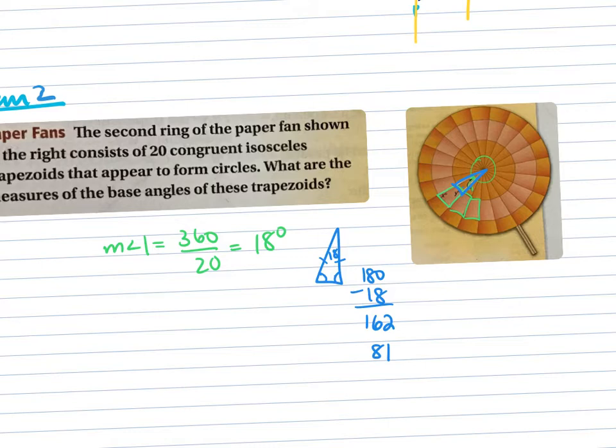So we have here a trapezoid where this is 81, this is 81, and then that's 18, and so this angle here is going to be 180 minus 81, which is 99. If that's 99, that one also has to be 99. And since these two have to add up to 180, then this is also 81.